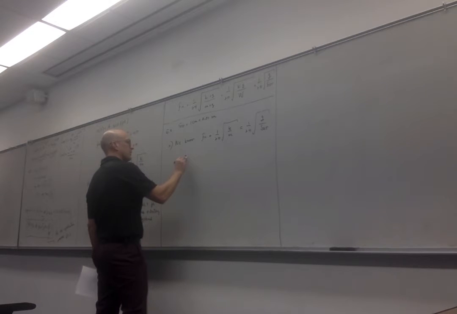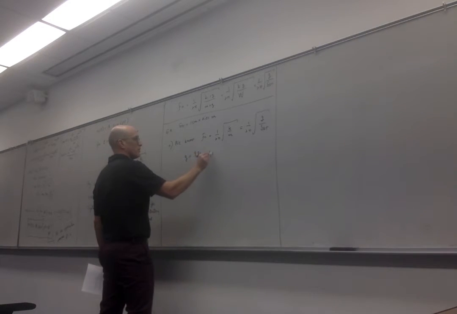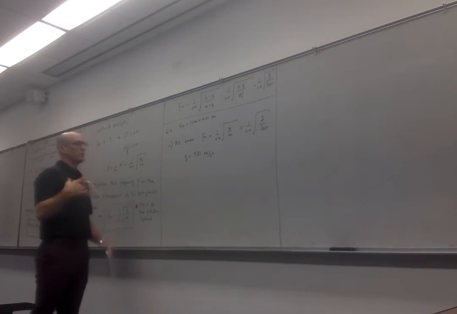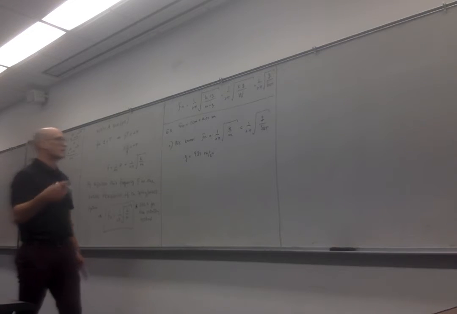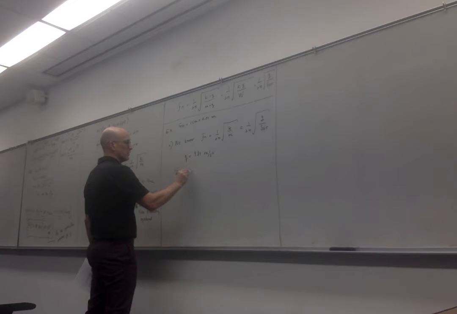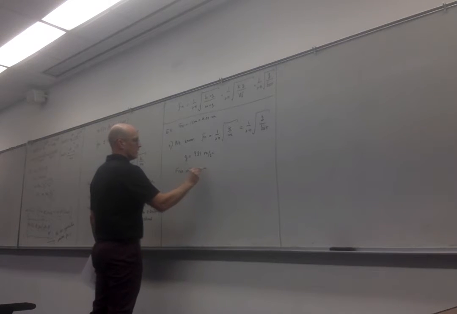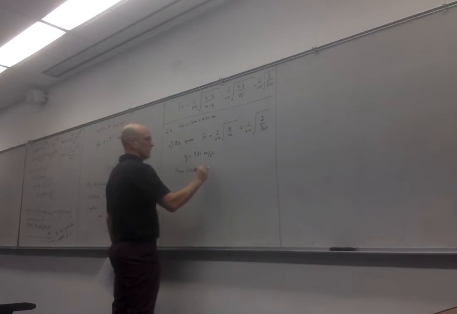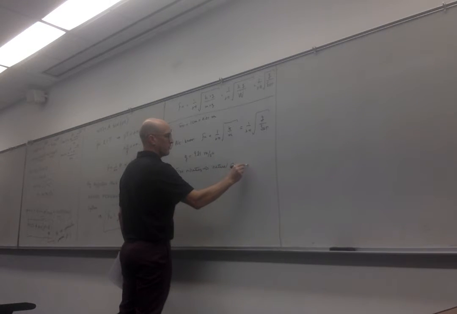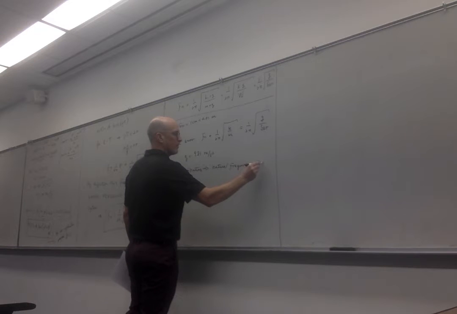We know that the gravitational acceleration, if you use SI units, is 9.81 meter per second squared. So if it's freely vibrating, it has to vibrate at its natural frequency.